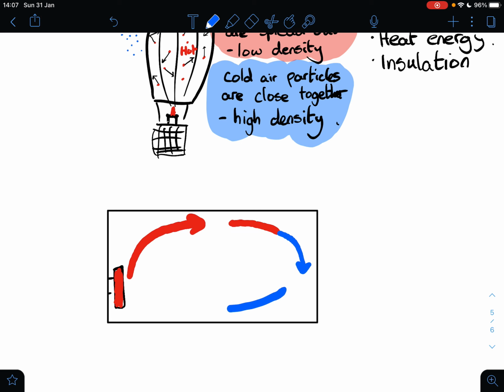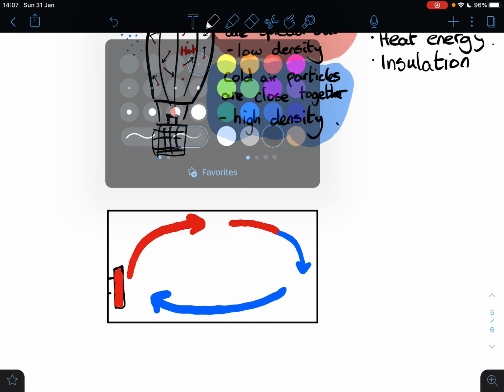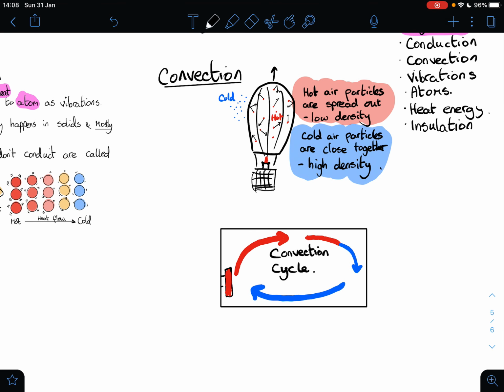And the cold air will be pulled along the ground, and so what we end up with is called a convection cycle. Okay, and that's convection in a nutshell.